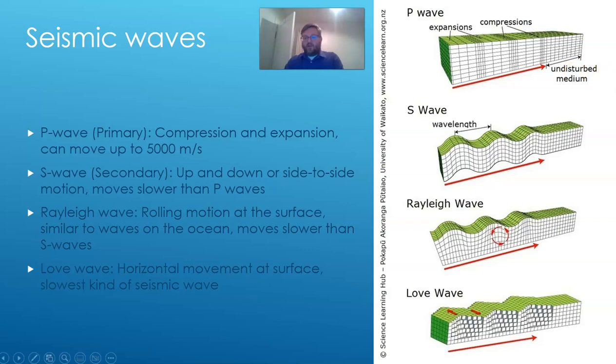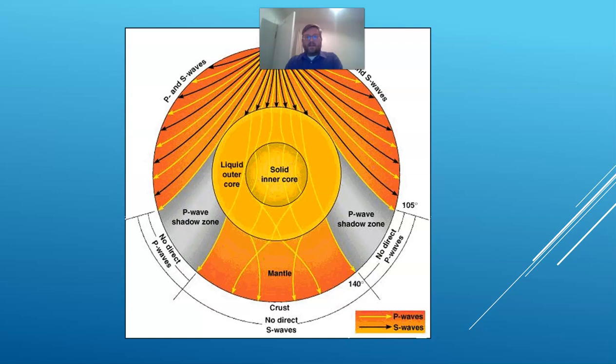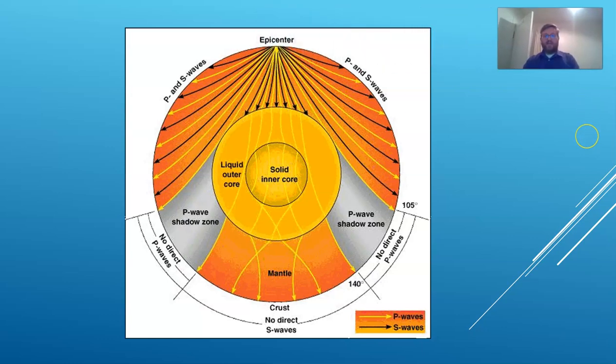One of the cool things about these different types of waves is that because they each spread differently through different sorts of media, through different types of rock that make up the Earth, we can use this seismic data to understand what's going on beneath the surface of the Earth.